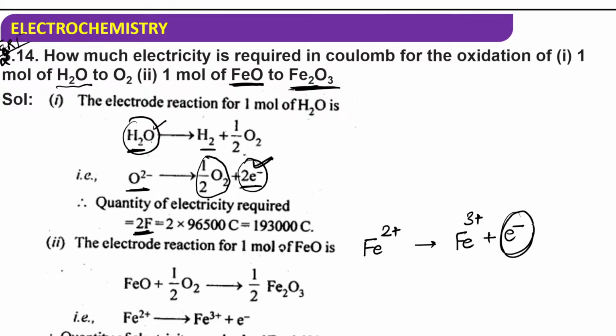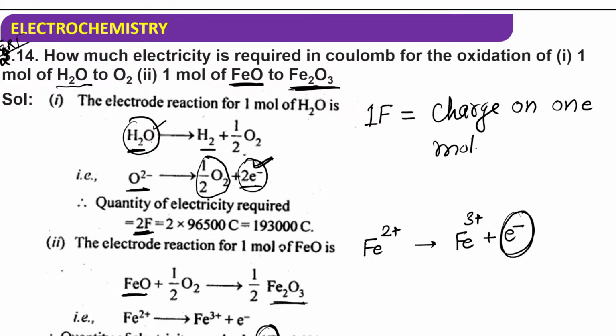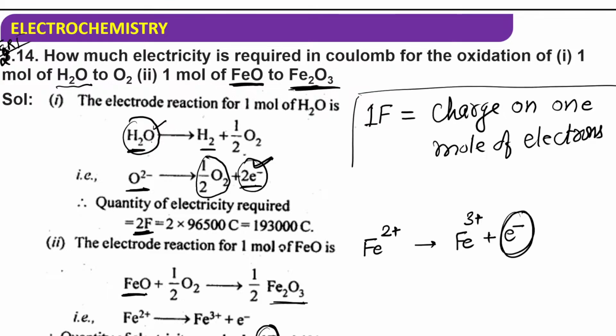So 1 Faraday of electricity is used to convert FeO to Fe2O3, and therefore quantity of electricity is 1 Faraday, that is 96,500 coulomb. Again keep in mind, what is 1 Faraday? 1 Faraday is charge on 1 mole of electrons. Always keep in mind this, that 1 Faraday is charge on 1 mole of electrons.